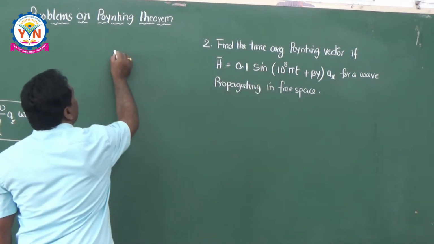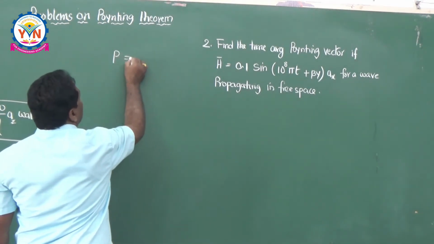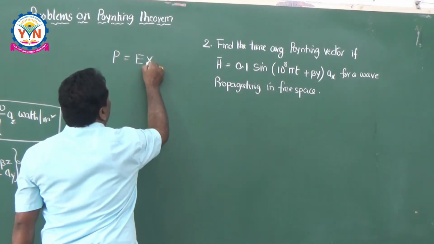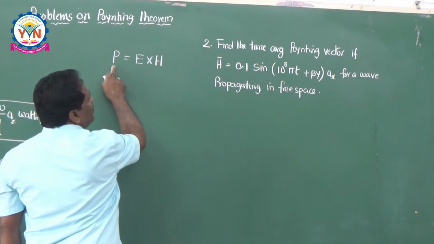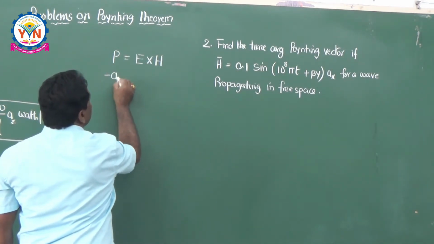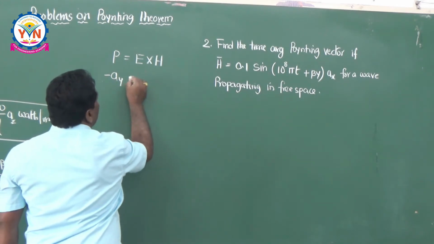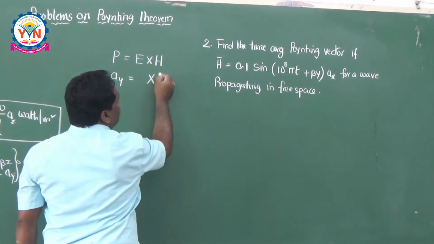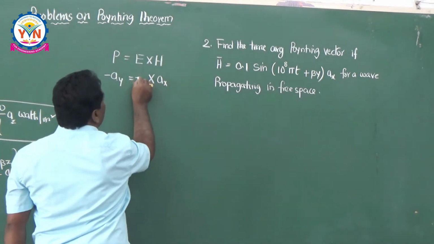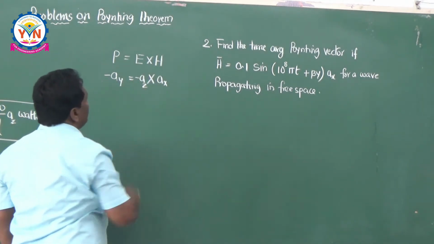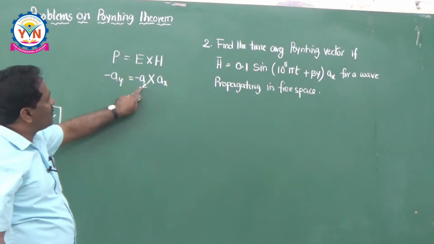Let us say P is equal to E cross H, and it will give you the power as well as the direction of the electromagnetic wave. What is the wave direction here? Minus a_y is equal to E cross H. H direction is a_x, so definitely it should be minus a_z. So the electric field will be in the minus a_z direction.